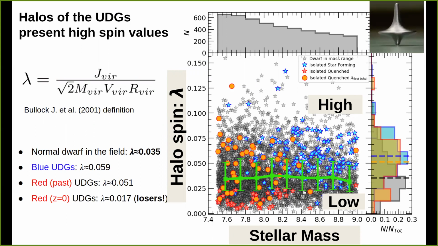One way to quantify this is through the dimensionless spin parameter. We use the definition of Bullock to measure this value. We observe in this plot the halo spin parameter versus stellar mass relation.